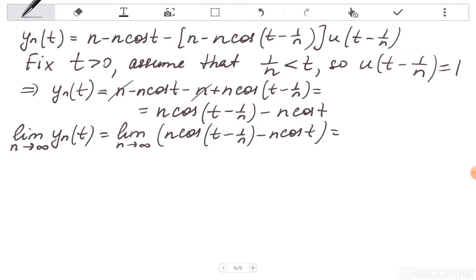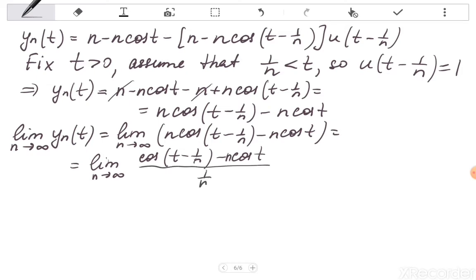And let me rewrite this as follows. Limit n approaches infinity, cosine t minus 1 over n minus cosine t, over 1 over n. Sorry, there shouldn't be n here.